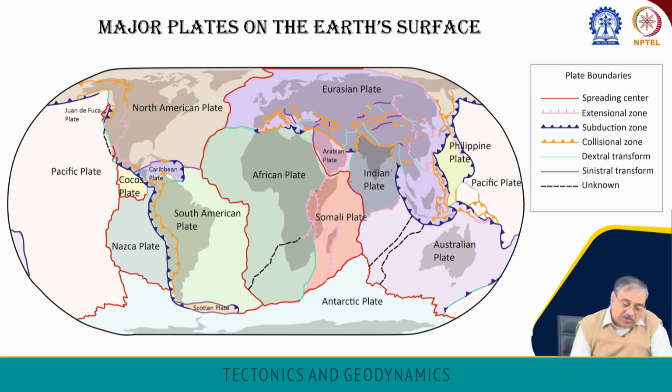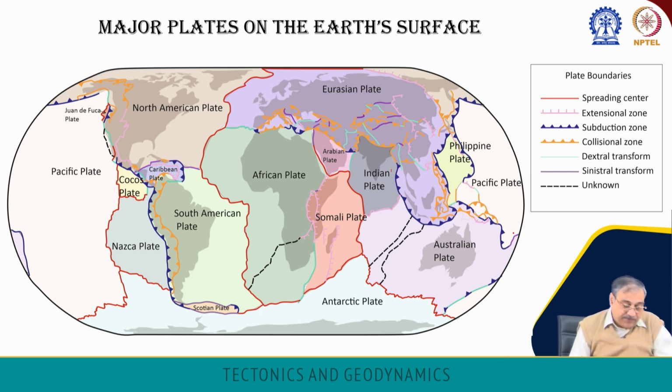Likewise, the original plate configuration did not realize that there was a Somali plate separating the Indian plate from the African plate, but recent ideas seem to indicate that there might be a Somali plate out here. The Pacific plate is in fact the largest plate, and if you note its boundaries, it does have ridges, but a very significant part of the Pacific plate is surrounded by trenches.